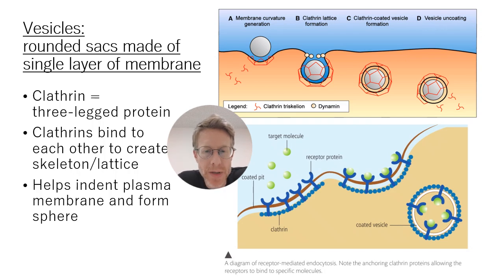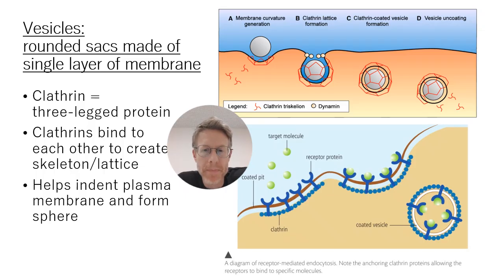So there is a protein you need to be aware of that supports that effort. It's called clathrin. You can see it in the top diagram nicely there. It's a three-legged protein, so it has these three arms.